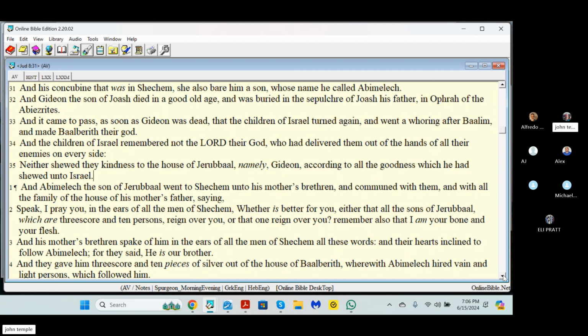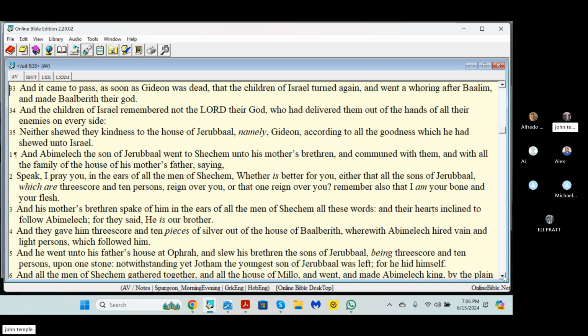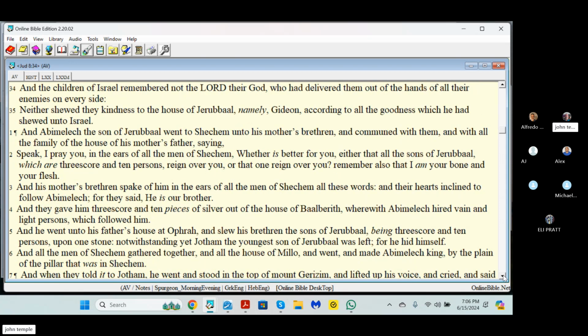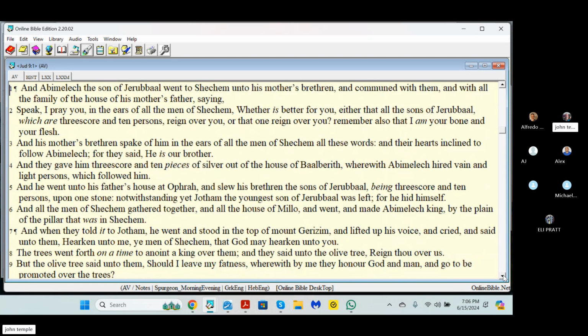He was a good judge, and then we got Abimelech, the son of Jerubbaal, went to Shechem unto his mother's brethren and communed with them and with all the family of the house of his mother's father, saying, Speak, I pray you, in the ears of all the men of Shechem, whether it be better for you either that all the sons of Jerubbaal, who was a leader, and Gideon was his son also.